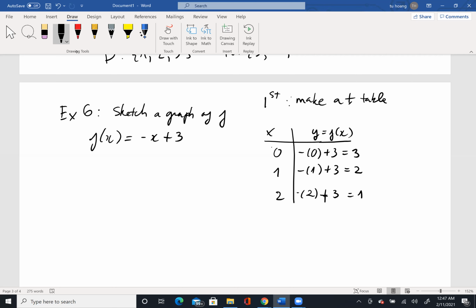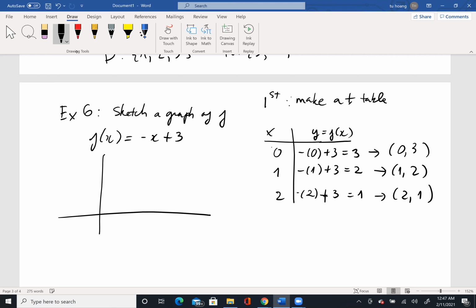All right. So from here, I will have the ordered pairs 0, 3, 1, 2, and 2, 1. And then I'm gonna draw it by plotting each ordered pair here.